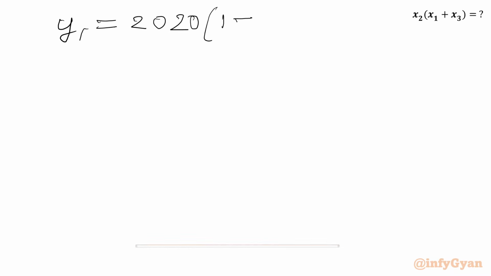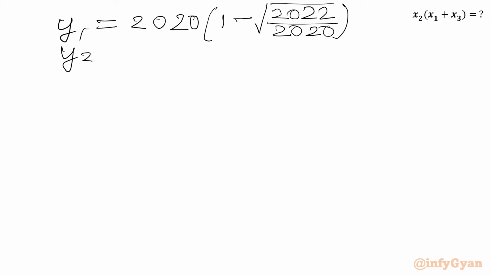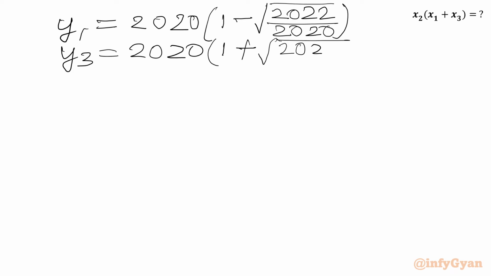So I can write y1 equal to 2020 in bracket 1 minus square root of 2022 over 2020. This is our smallest root, and the biggest root is 2020 in the bracket 1 plus square root of 2022 over 2020.